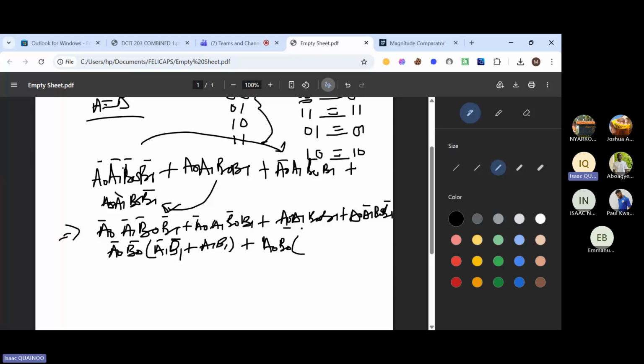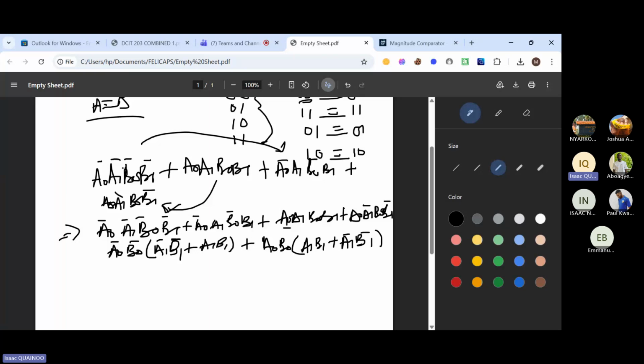So we have A0, B0. We are going to have A1 and B1 left, plus the other side, A1 prime and B1 prime.